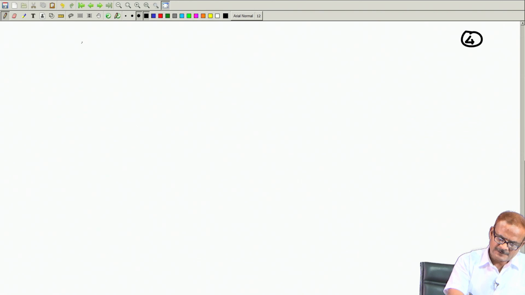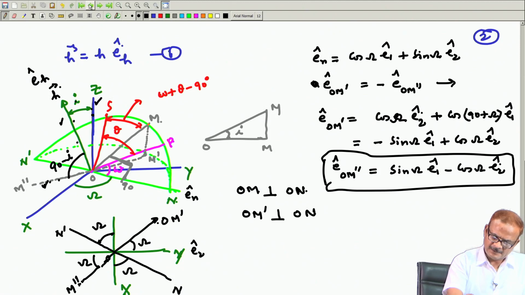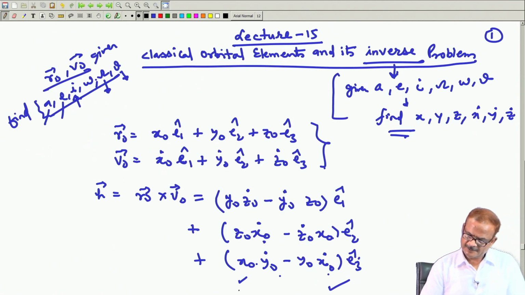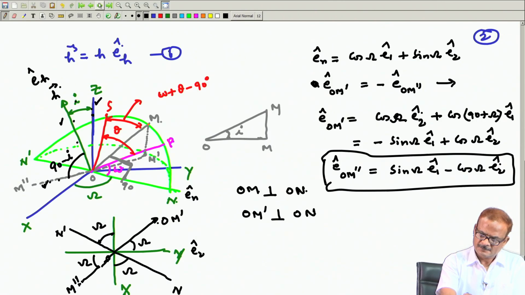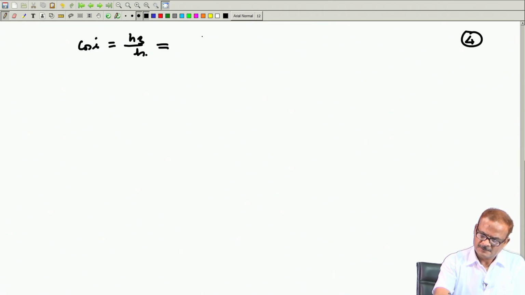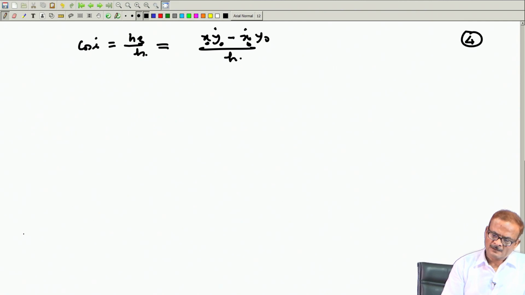So, first we take cos I equal to h 3 divided by h, and h 3, if we go back, is the quantity x 0 y 0 minus y 0 x 0, the x y component.